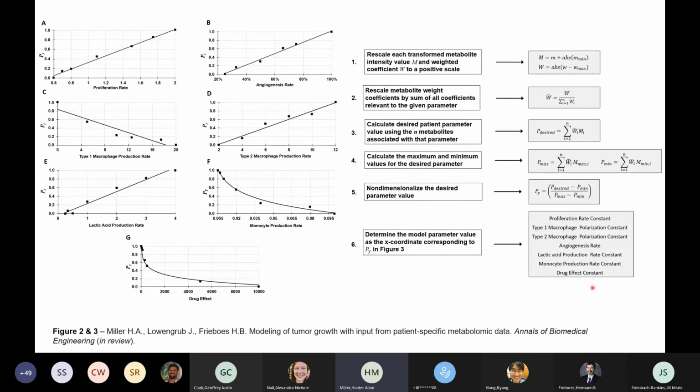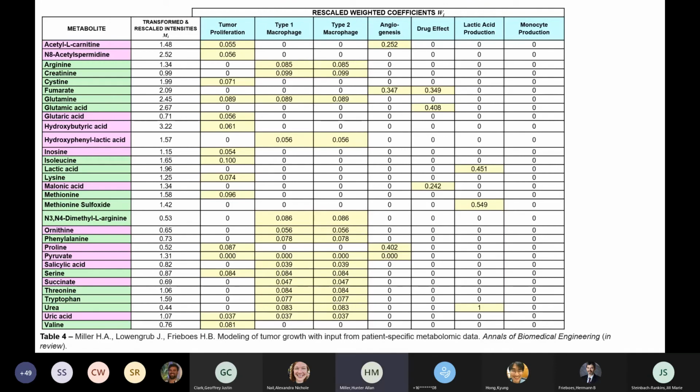Basically, the value of the parameter is equal to the x coordinate corresponding to p sub y. So at this point, we have a variety of parameters to calibrate, and they need to be linked directly to the data.